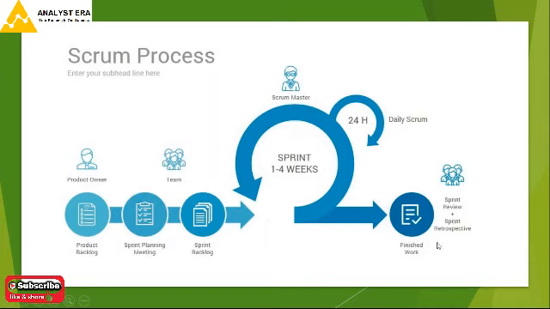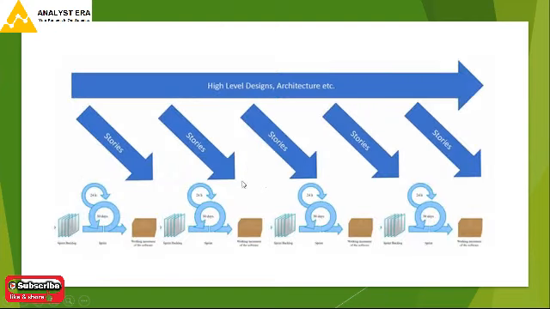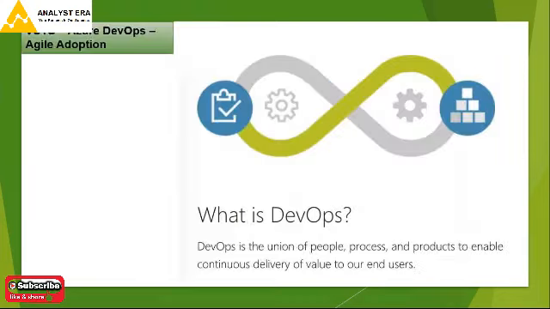Once everything is finished, I'll have the sprint retrospective. In a healthy product environment, it is a never-ending process. We always have these things happening day in, day out. This is how a high level architecture will look when I'm working on multiple sprints.